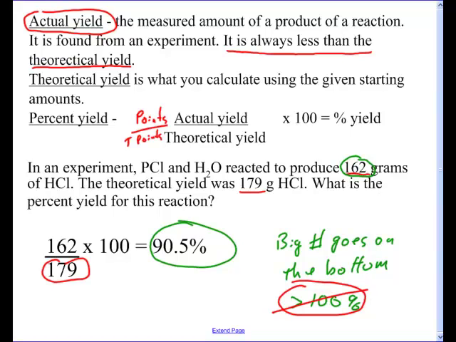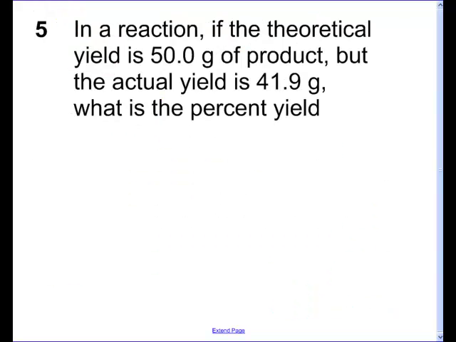Well, let's try one. Here we've got a situation where we've got 50 grams of product. That's the theoretical yield. But the actual yield is 41.9 grams. Let me just write out the little equation real fast. The actual divided by the theoretical times 100 equals our percent.